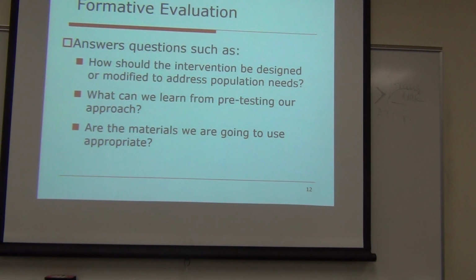If that's not feasible, then you really need to rethink what it is that you're doing. Okay? If you go ahead with the intervention and you're seeing something's not right here, then you've got to think through, okay, what is it that we can do?